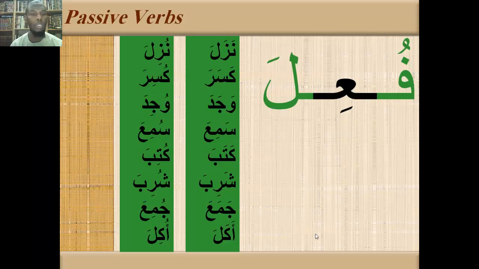Wujida al-fulus, the money was found. Sumi'a al-adhan, the adhan was heard. Kutibat al-risala, the letter was written. Shuriba al-halib, the milk was drunk. Jumi'a al-tawabi', the stamps were collected. Ukila al-khubz, the bread was eaten, and so on. So we take away the actual doer and we make the object the doer.